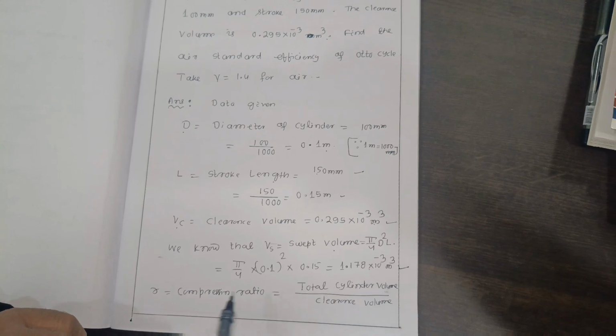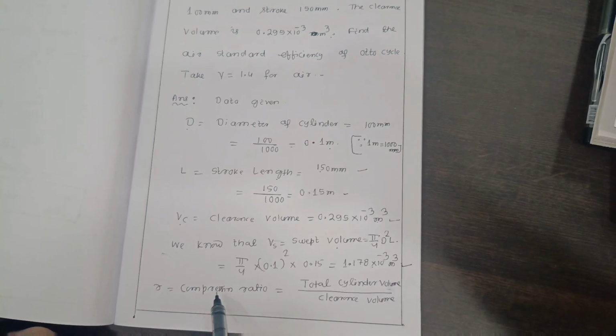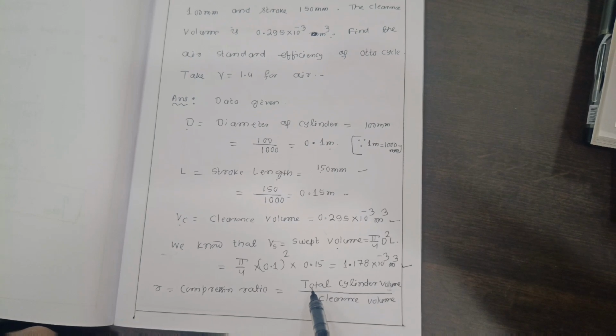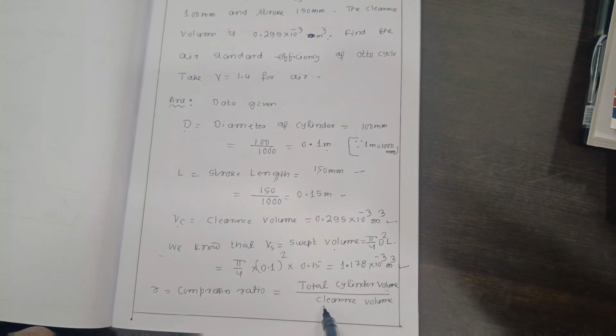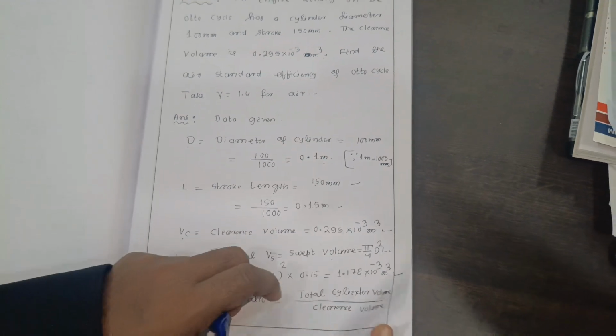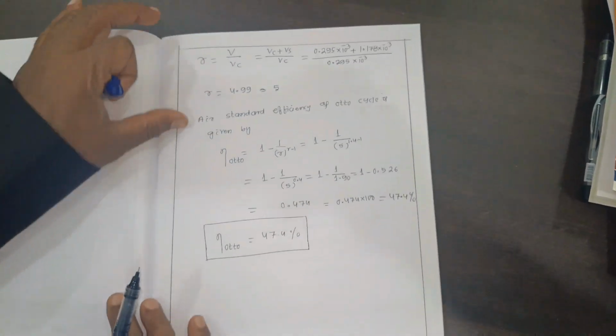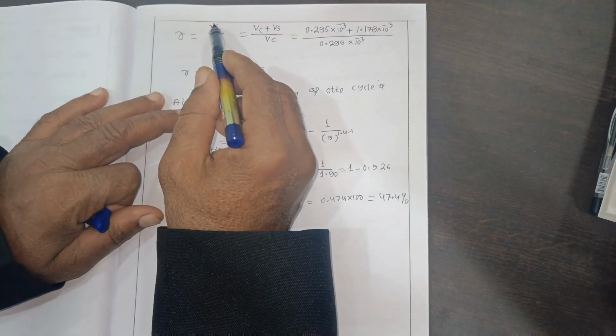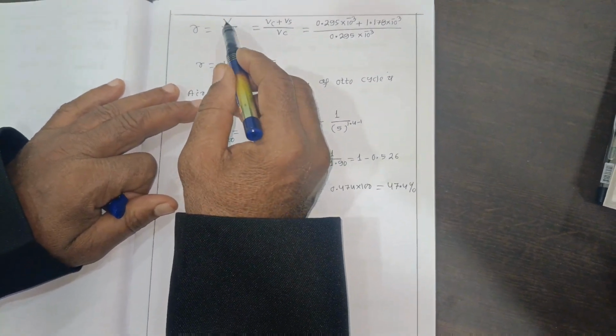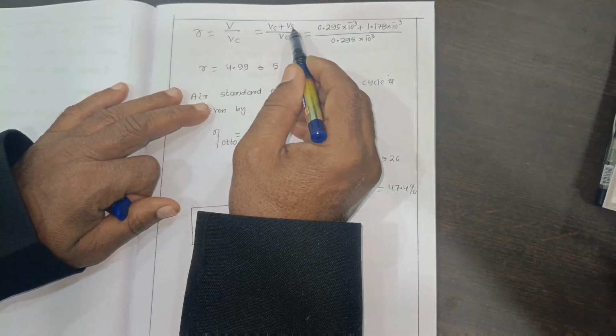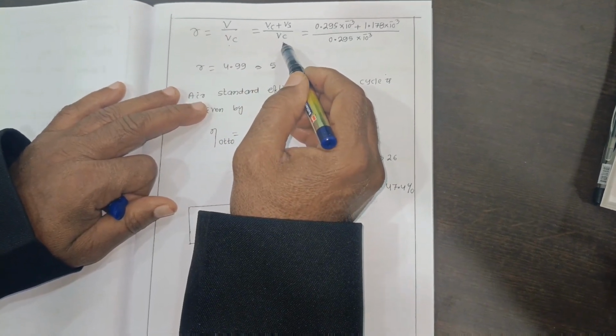Then you know that R is equal to compression ratio is equal to total cylinder volume divided by clearance volume. Therefore R is equal to V by Vc, but V is equal to Vc plus Vs, by Vc.